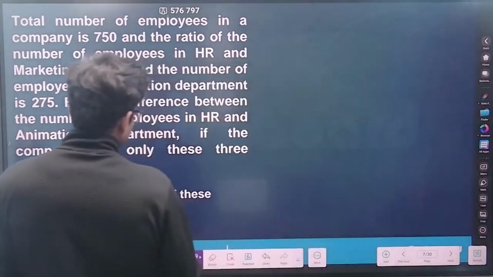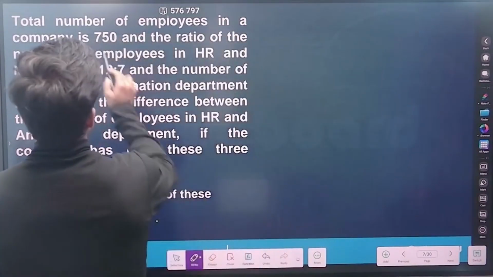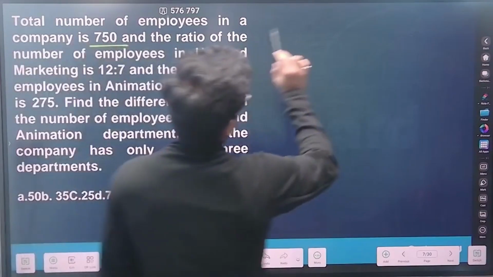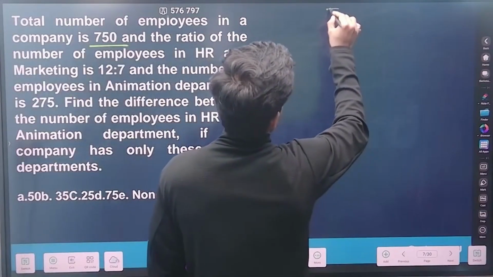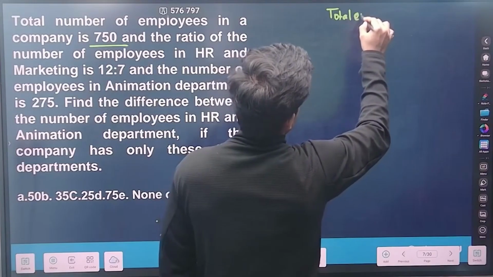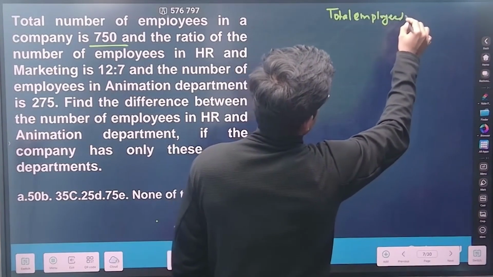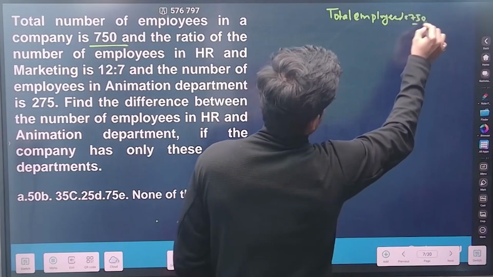So basically, guys, see. The total number of employees in a company is 750. So in the company I am having a total of 750 employees.